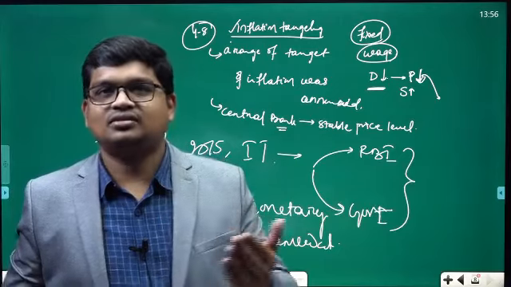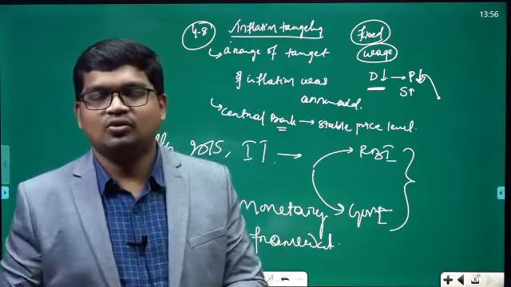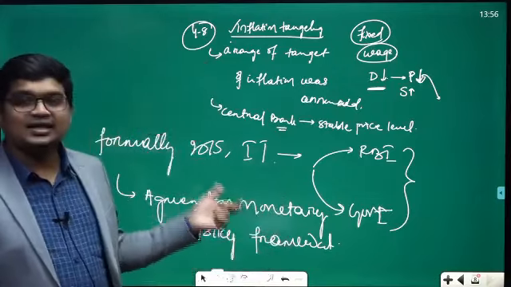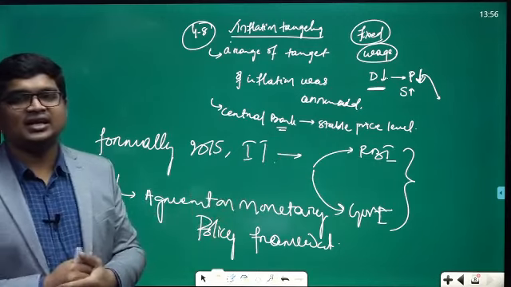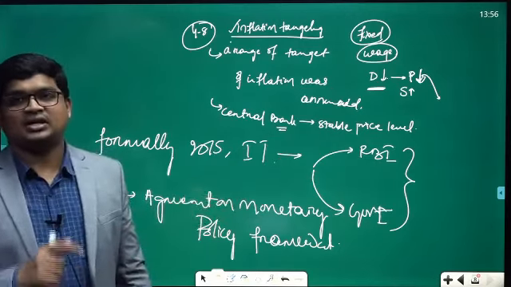That was the time when all the controversies were going on between the RBI and the government, and finally they agreed upon this inflation targeting, and in 2015 they came with this particular concept.